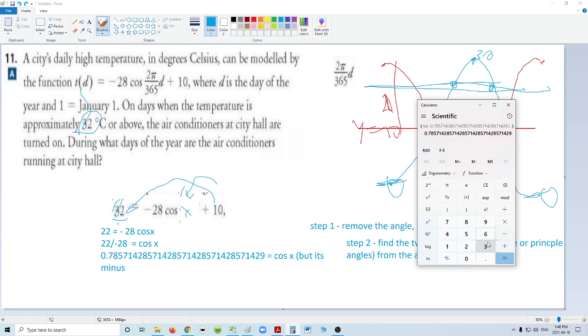I'm going to get rid of that number, and I'm going to inverse cosine. And I'm going to get, again, the wrong angle. Try it again. So I'm going to get 22 divided by 28. I'm just going to leave it positive. I'm going to take my trigonometry, inverse cos equals.